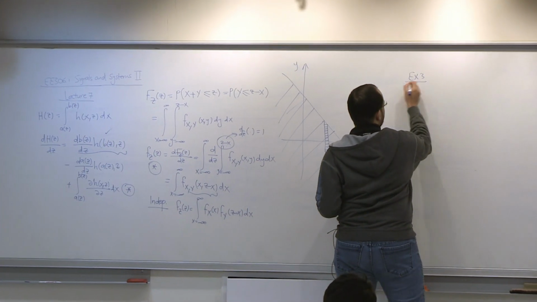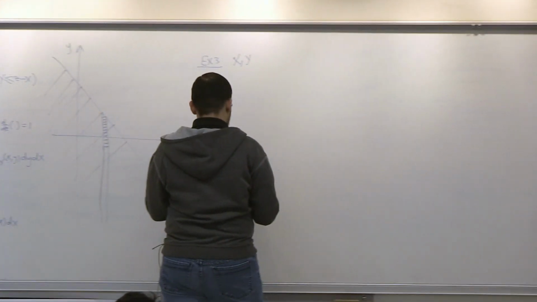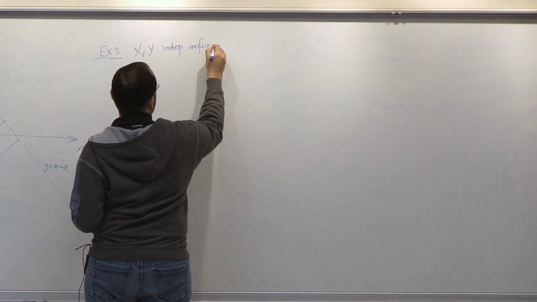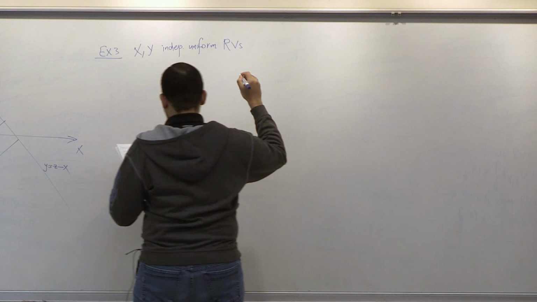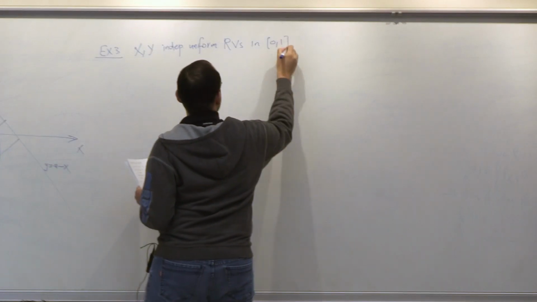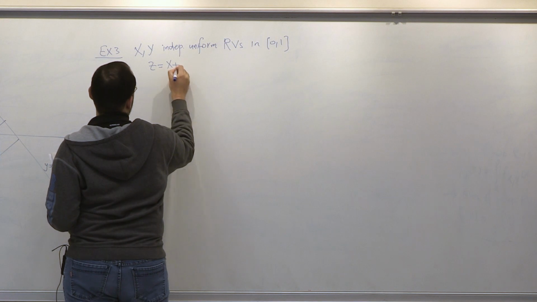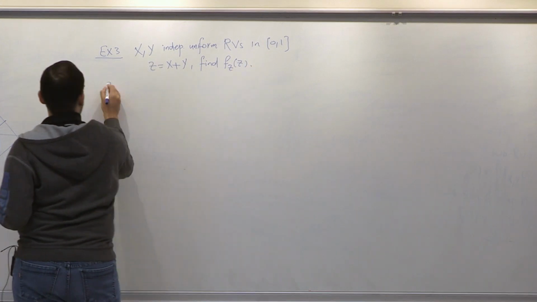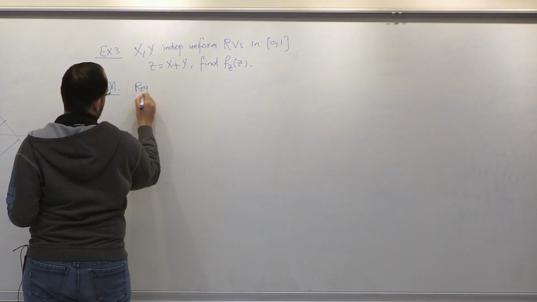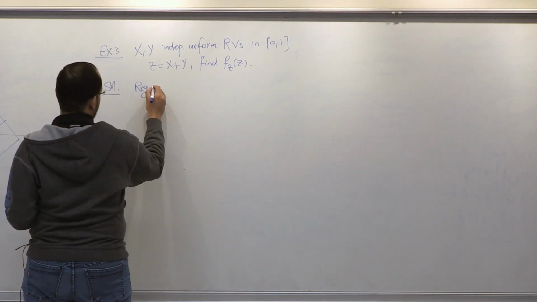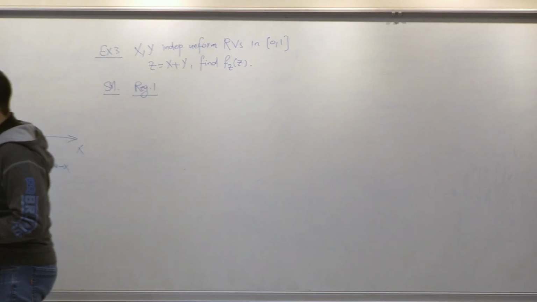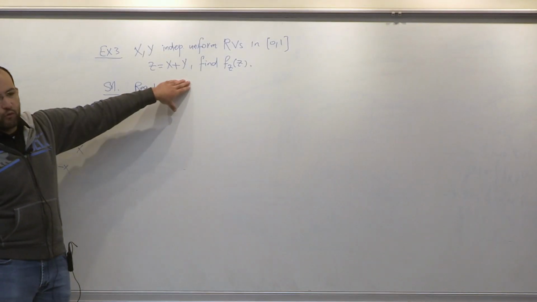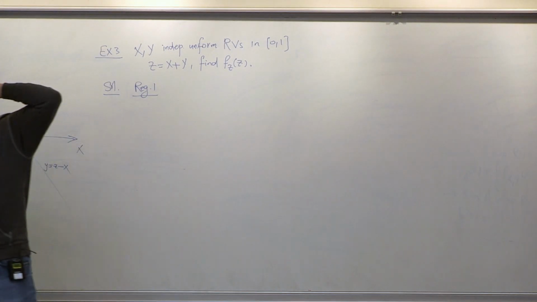Let's do this standard example. So example 3. We have x and we have y, independent uniform random variables in 0, 1, and you have z equals x plus y, find fz of z. Solution. We will divide our plane of z into 4 regions, but before the 4 regions, before doing anything, just by virtue of looking at this relation, what will be the range of z immediately?